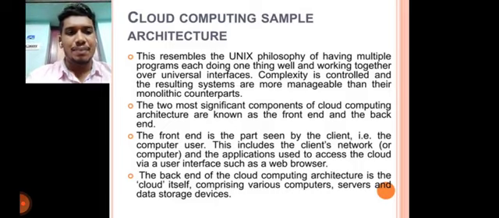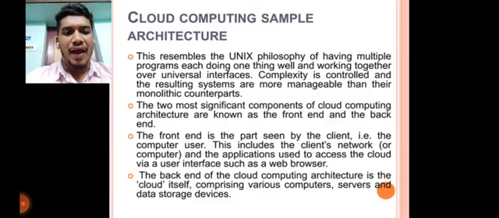The front end is the part seen by the clients and the computer users. It includes the client networks or computers and the application used to access the cloud via a user interface such as a web browser. The back end of the cloud computing architecture is the cloud itself, comprising the various computers, servers and data storage devices.